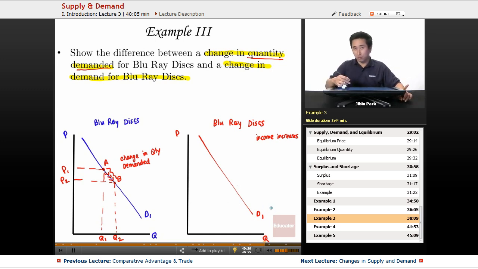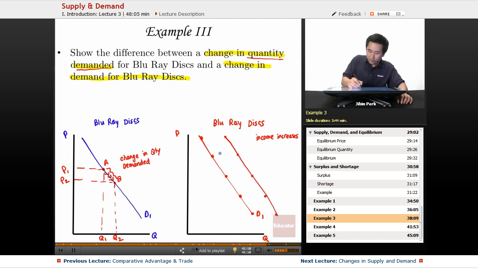So the real way of looking at this is the demand curve is really composed of different points. So instead of at this price point, the quantity demanded is here, it increases here, and it increases here, and it increases here. And so when you plot the points, there's an increase in quantity demanded at every single point. So that's actually a change in demand.